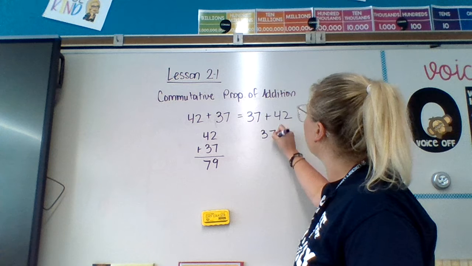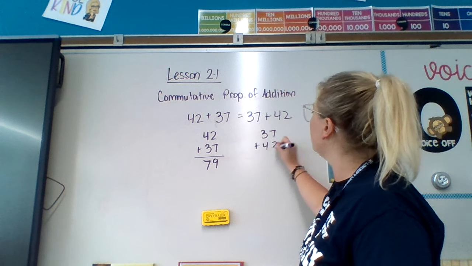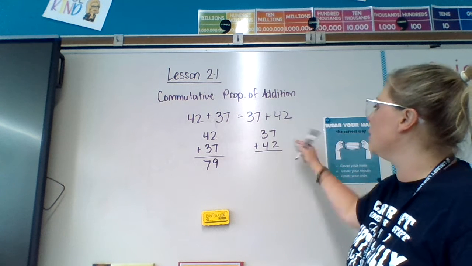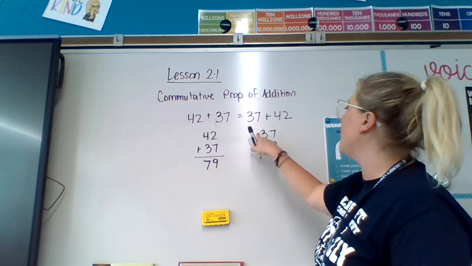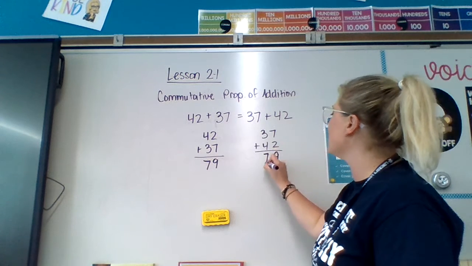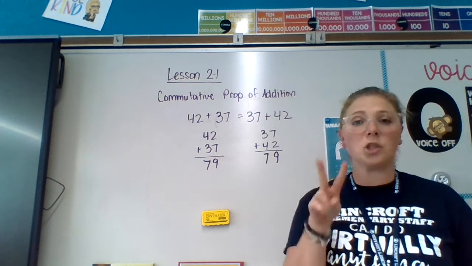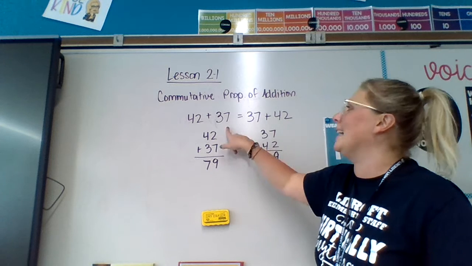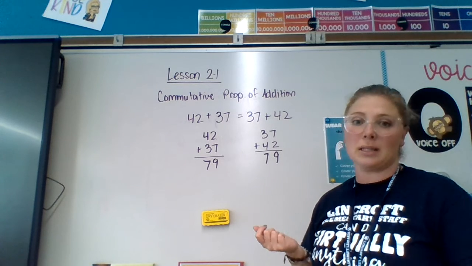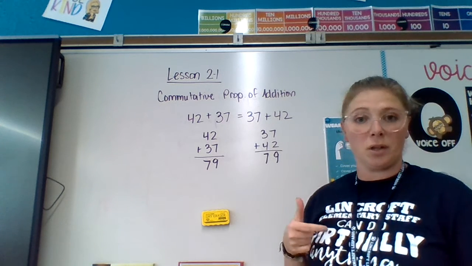So 37 plus 42: 7 plus 2 is 9, and 3 plus 4 is 7. So the commutative property states that no matter which way you put your two addends, the sum will be the same number. That's the commutative property.